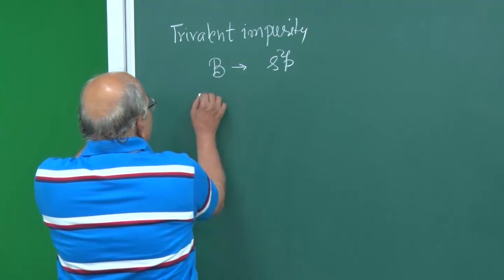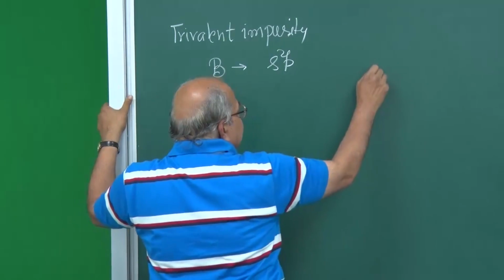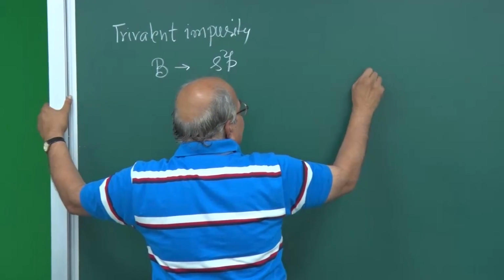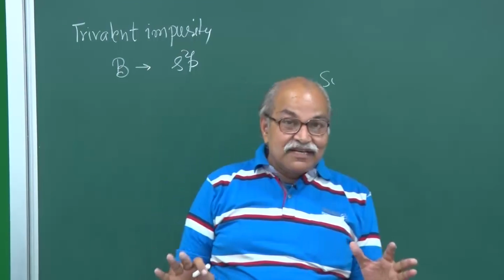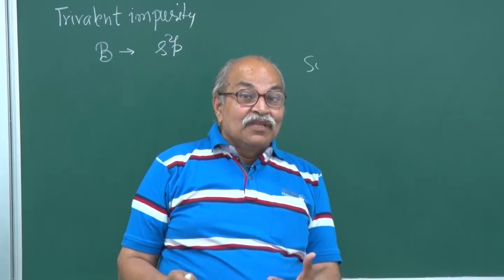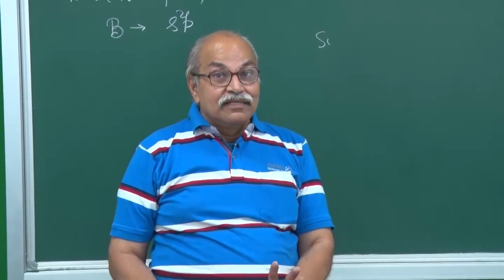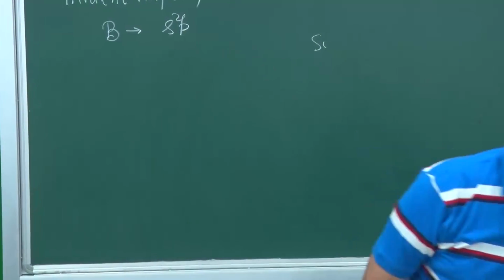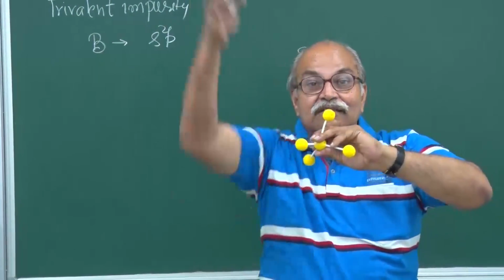So if this is doped in silicon, what will happen? Suppose you have this silicon crystal, and once again doping is a very sophisticated metallurgical process. You have to retain that silicon crystal structure, the structure that is there. This is this kind of structure in the entire 3 dimensions.